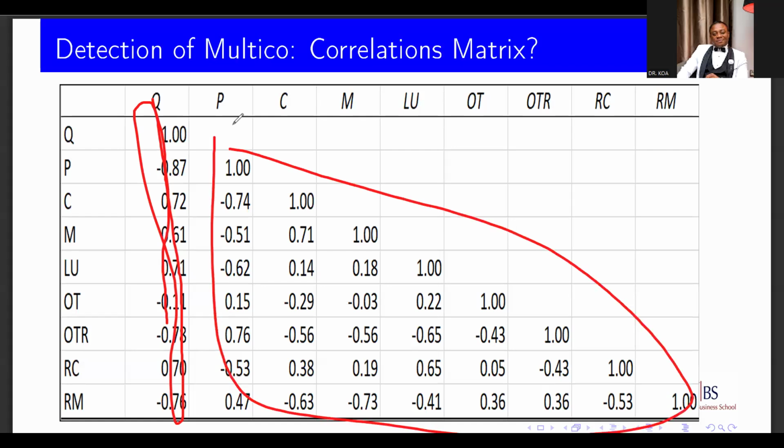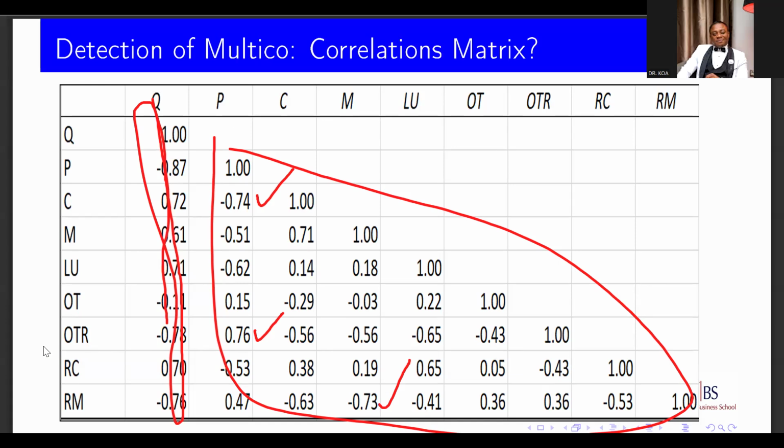You're looking at those that have got high coefficients, such as what? One of the coefficients is this one, OTR and P. Another coefficient that is high is C and P. And another coefficient that is high is M and RM. So these coefficients are quite high, and you have to check whether they exhibit multicollinearity.